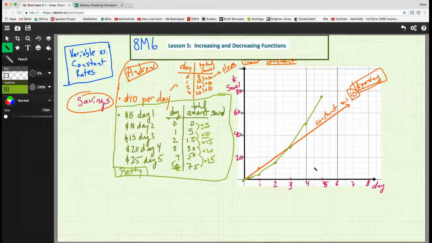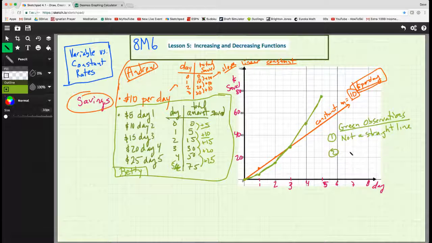And what do we notice? Let's make some observations here. One, in the green line, these are all green observations. It is not a straight line. That's the first thing. Two, let's look at the slopes. What's happening to the slope of this line as we continue from left to right?